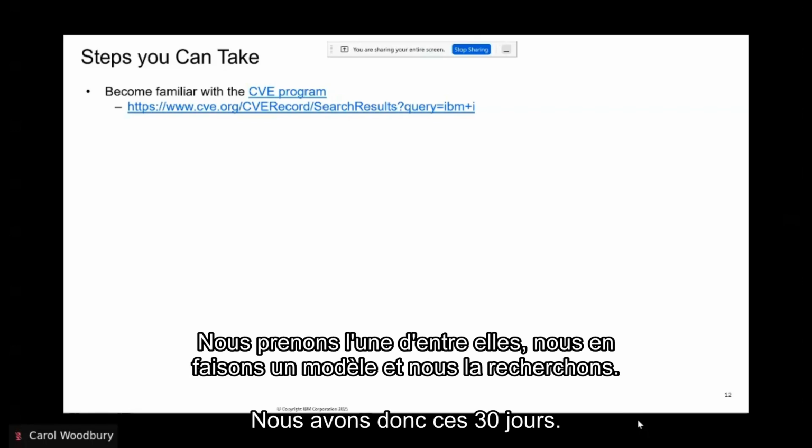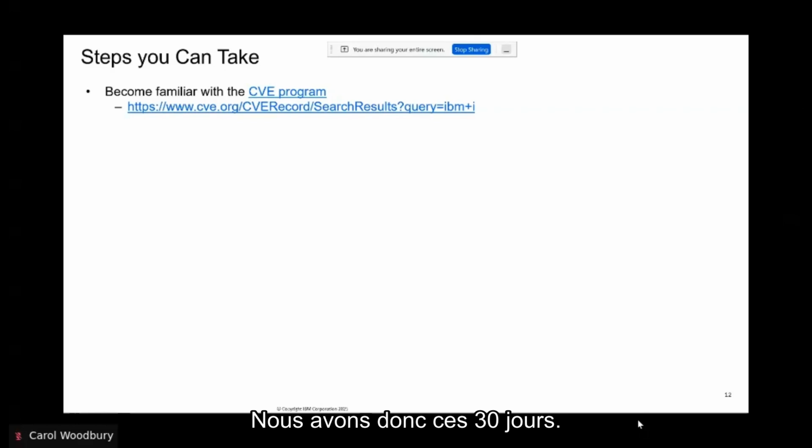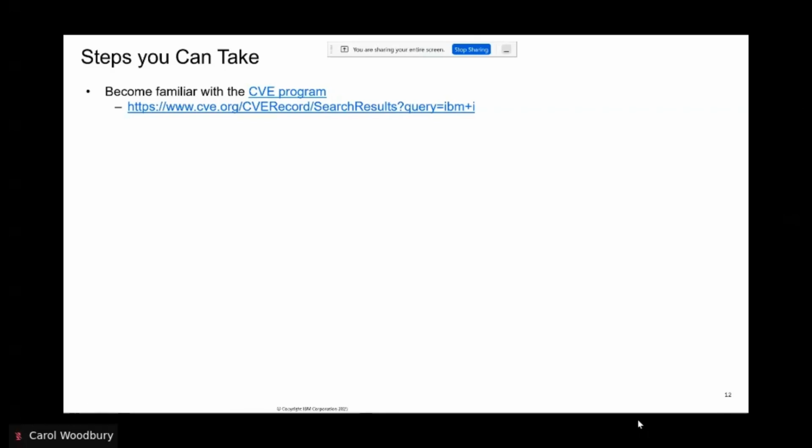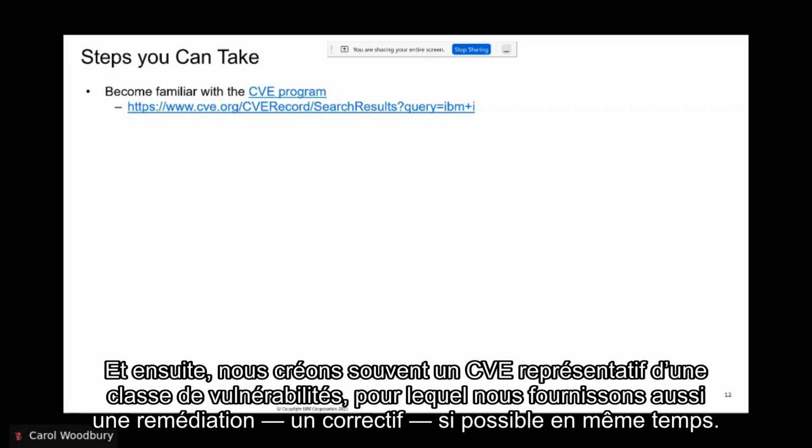So then we have these 30 days. We, of course, have to respond directly to the CVE and say, here's what you can do to get around it or to fix it. And then we will often create a CVE that represents a class of vulnerabilities that we also provide remediation for, a fix for, if possible, at the very same time.